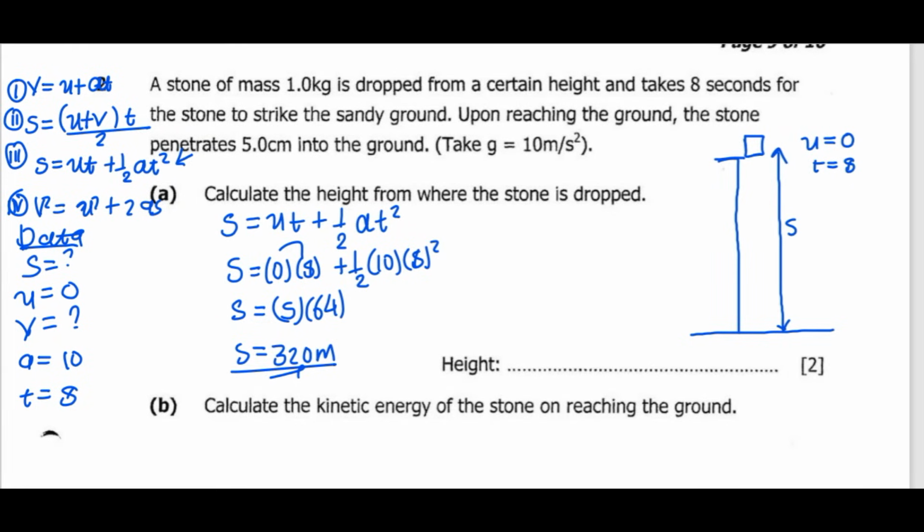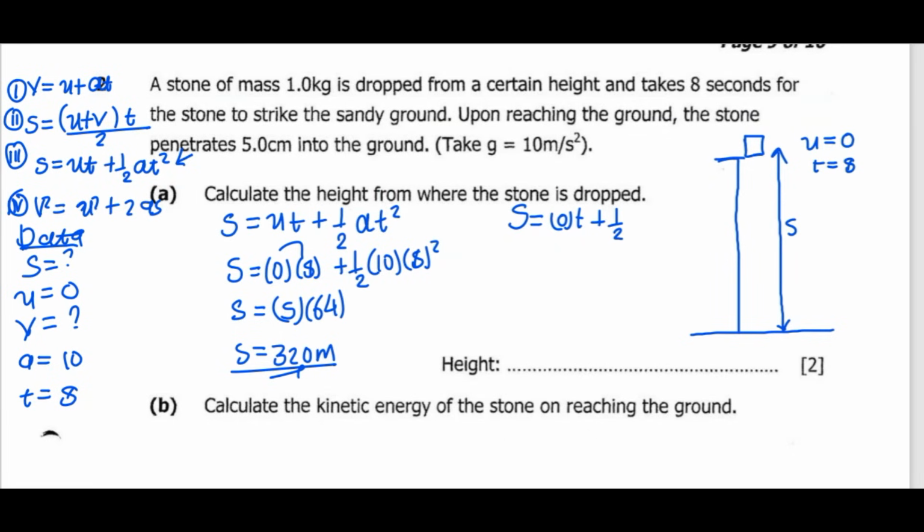Now, the other way we can simplify our formula, whenever the question is find the height, and if an object was dropped, since we know that whenever you drop something, the initial velocity is always 0. So where there is u, we put 0 times t plus half.